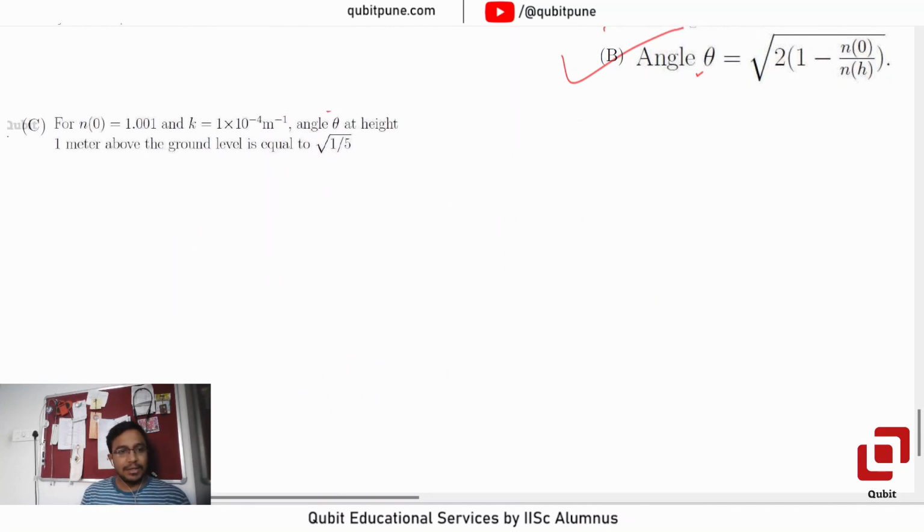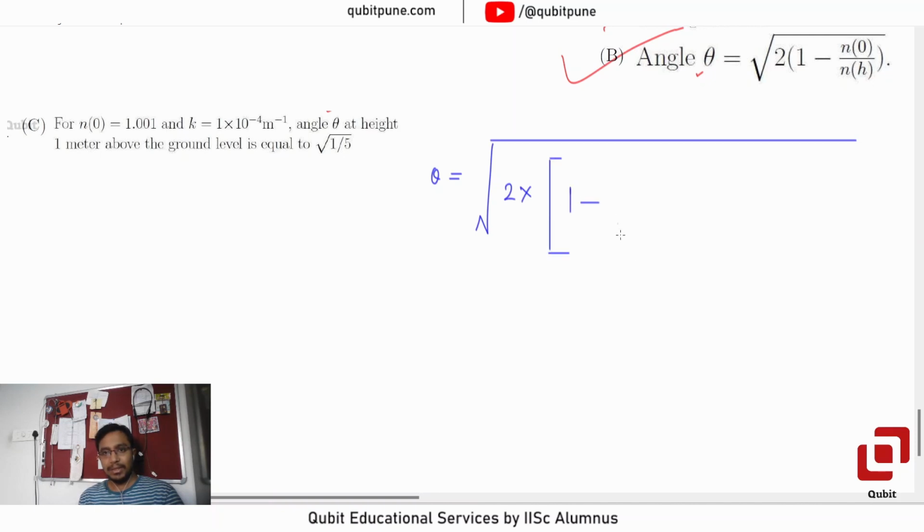They're saying for n0 equal to 1.001 and k equal to 1 into 10 raised to negative 4 per meter, theta at height h 1 meter above the ground level is equal to root 1 upon 5. Because this formula is correct, we can use it to find theta: 2 into bracket 1 minus n0 upon nh, where n0 is 1.001, plus k into h, but h is again 1 meter.